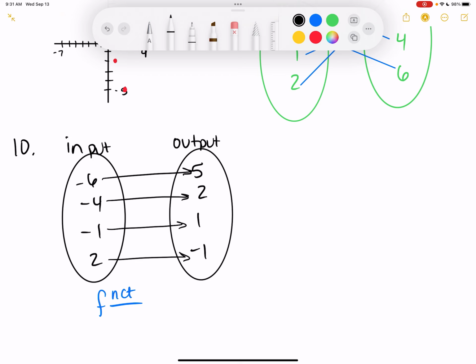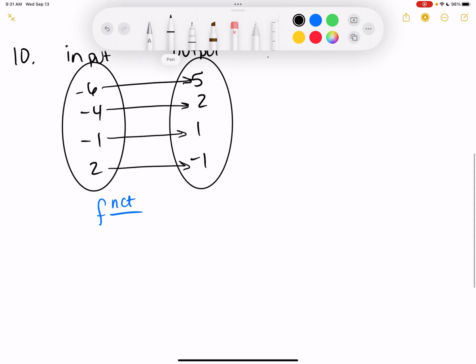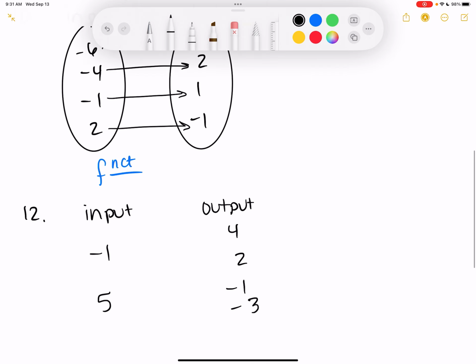All right, one more of those. Input, output. Input has -1 and 5. Output has 4, 2, -1, -3.